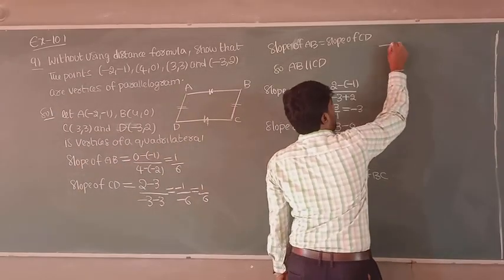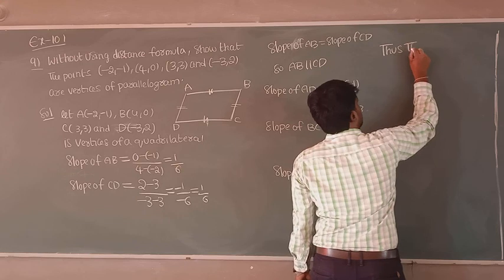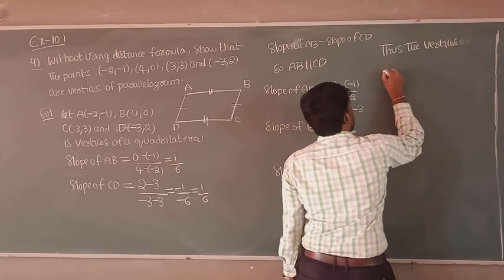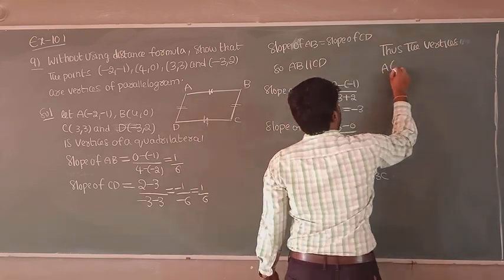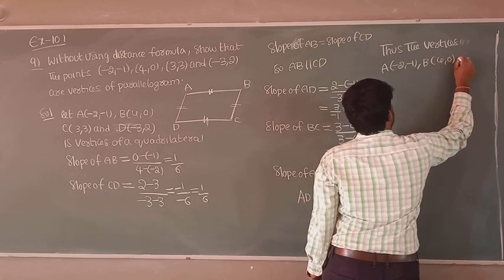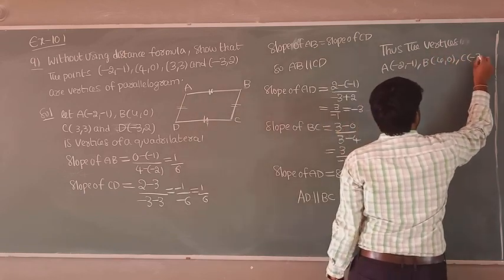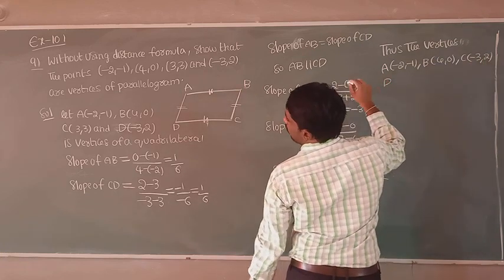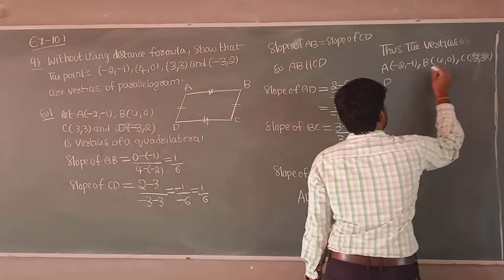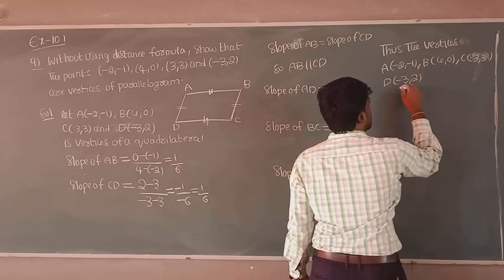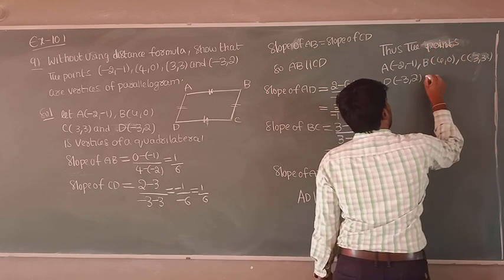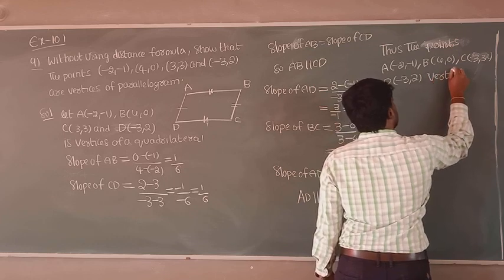Thus the vertices: point A is (-2, -1), point B is (4, 0), point C is (3, 3), and point D is (-3, 2). These are vertices of a parallelogram.